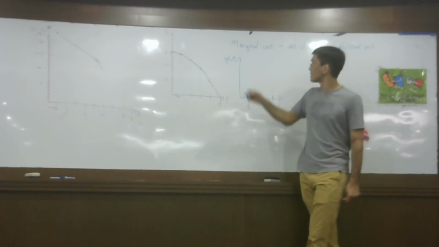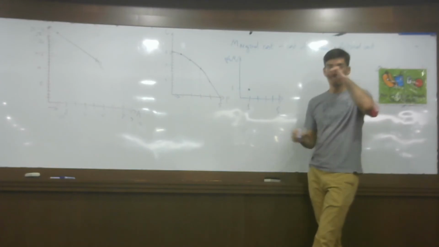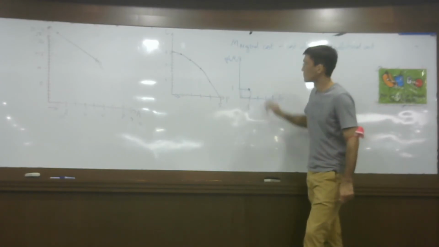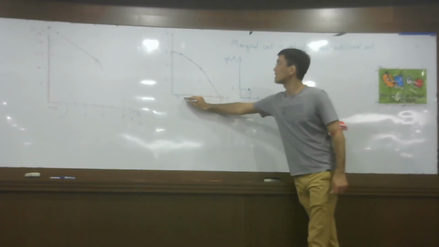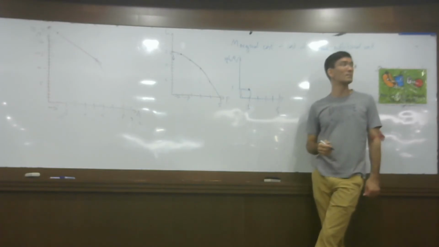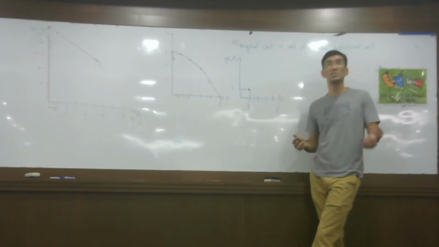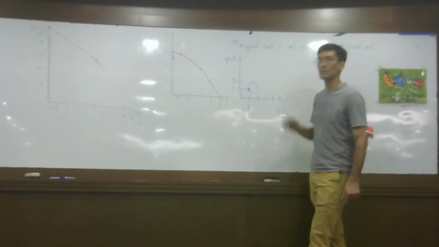So let's put 1 here. That's the marginal cost of the first pizza. The second pizza is going to cost me 2 cakes, the additional cost of 1 more pizza. That's 2, very easy.